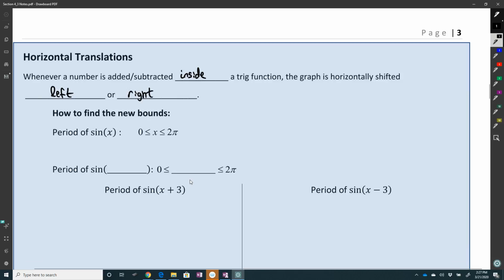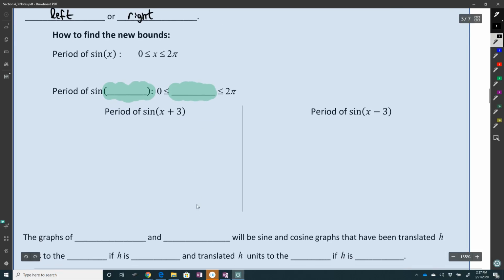Right? So again, the period of sine, here we have the inside. Whatever you see inside, you put between 0 and 2 pi, just like we did in the last section. So if I have 0 less than or equal to x plus 3 less than or equal to 2 pi, this explains the opposite behavior.